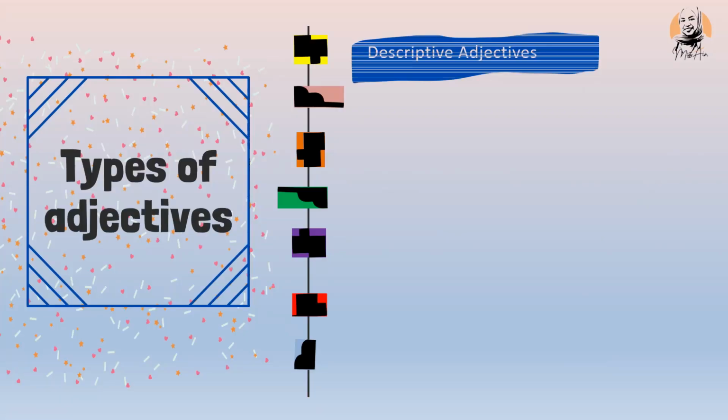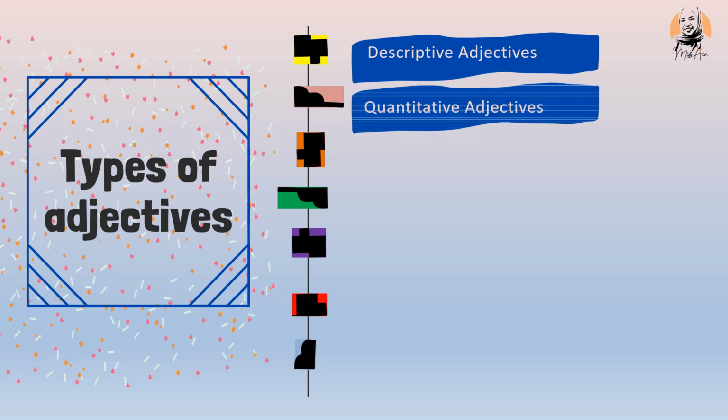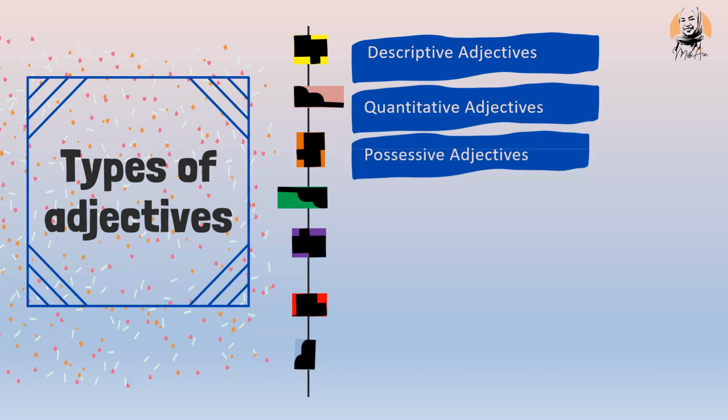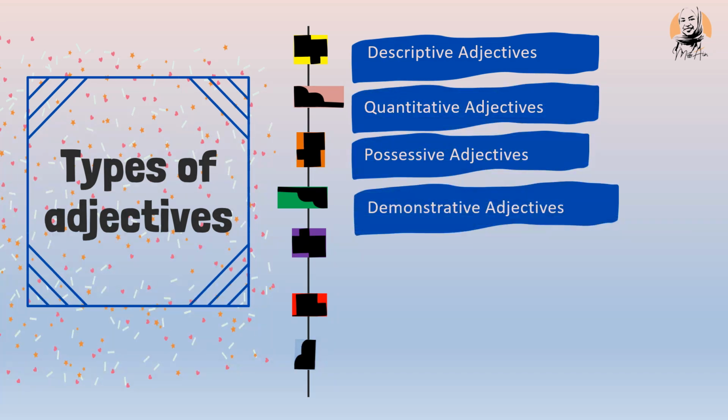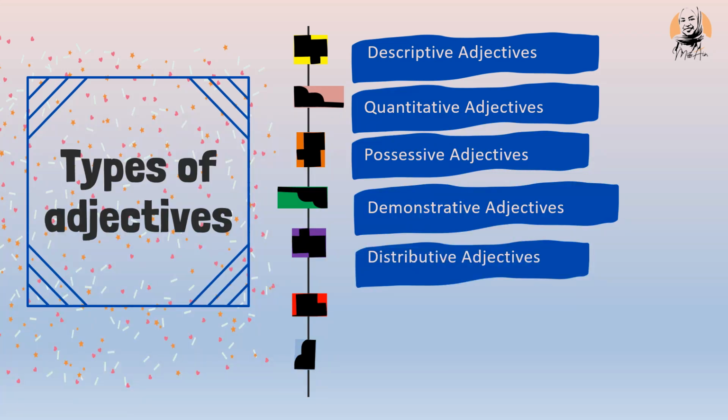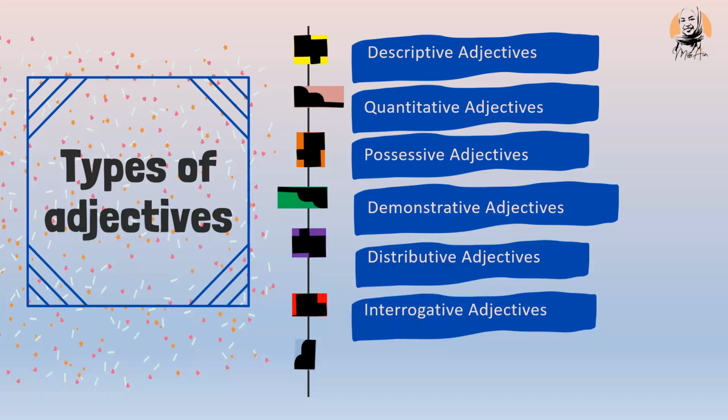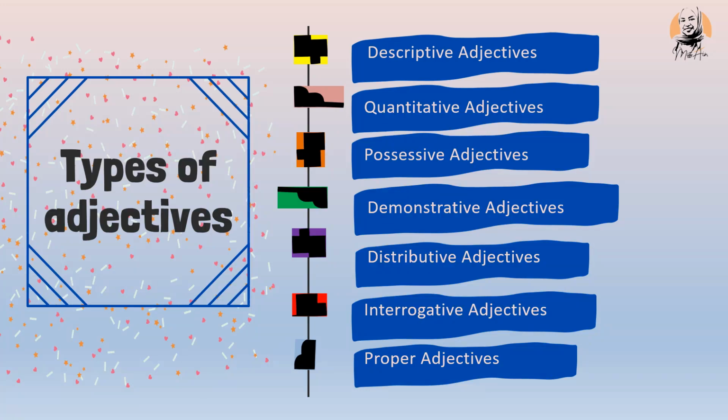There are descriptive adjectives, quantitative adjectives, possessive adjectives, demonstrative adjectives, distributive adjectives, interrogative adjectives, and proper adjectives. These might sound a bit technical for you, but actually you have been using all these types of adjectives in your essay or in your writing. Just want to have a look at it one by one, okay?